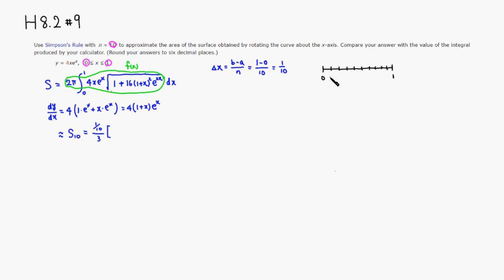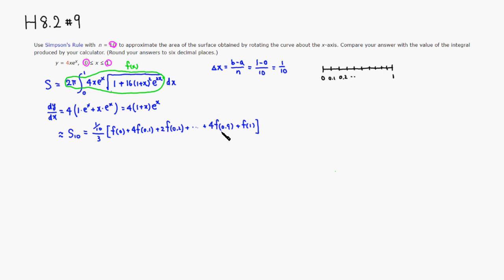You can see that the next one is 0.1, 0.2, and so on. So we have f of 0 plus 4 times f of 0.1 plus 2 times f of 0.2, and then you just keep on doing it, 4 times and so on, and second to last will be 4 times f of 0.9 plus f of 1.